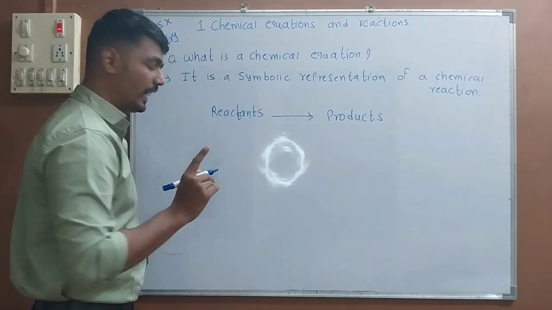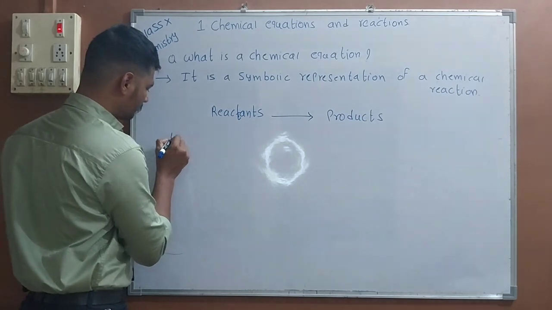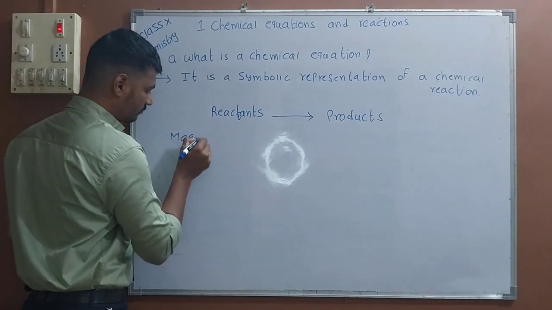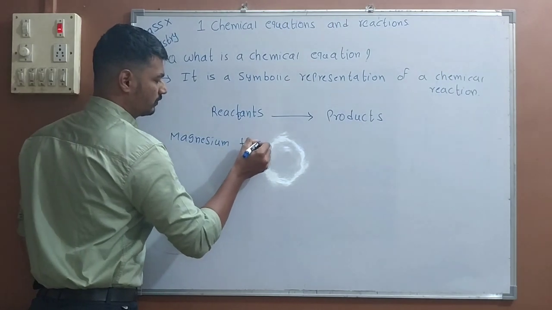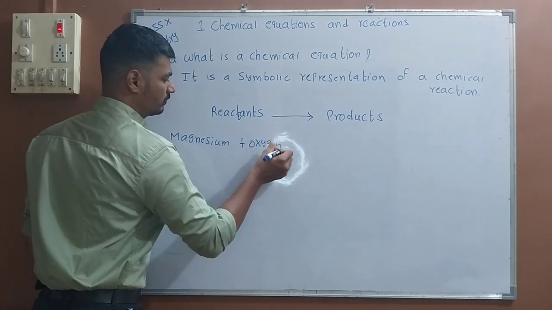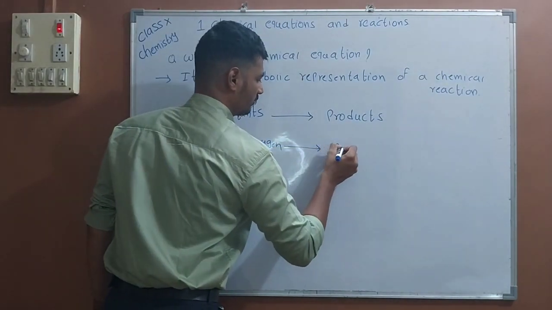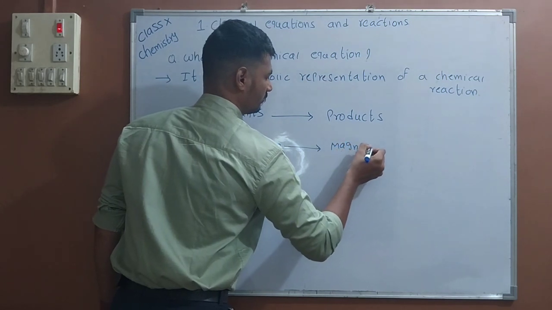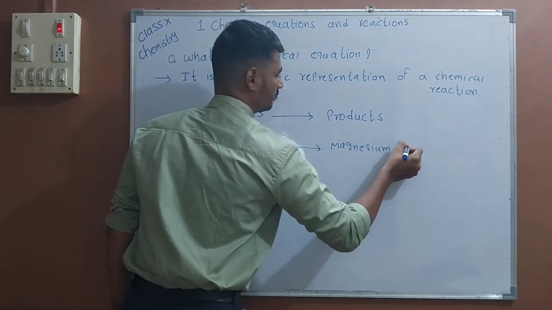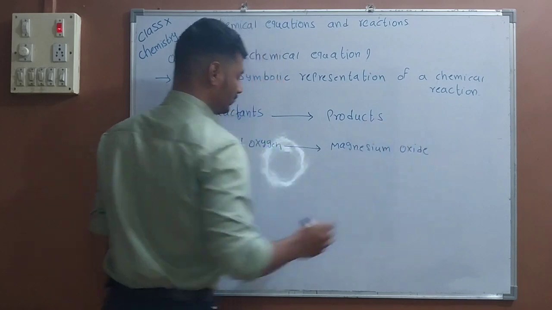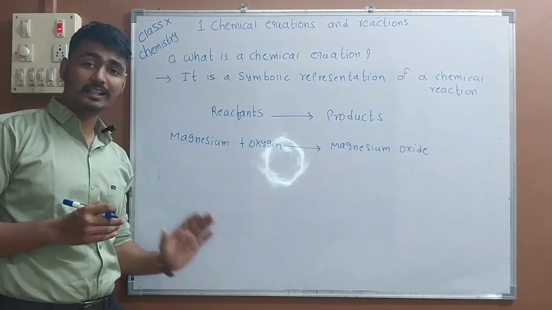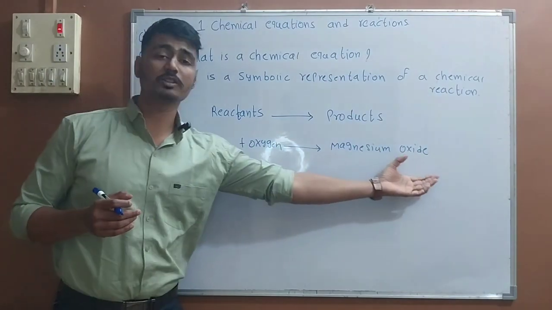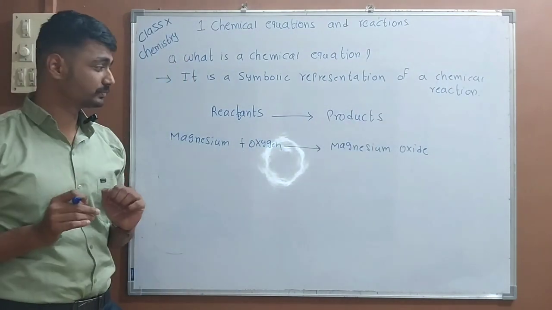Let's take an example. In this reaction, magnesium and oxygen are the reactants and magnesium oxide is the product.